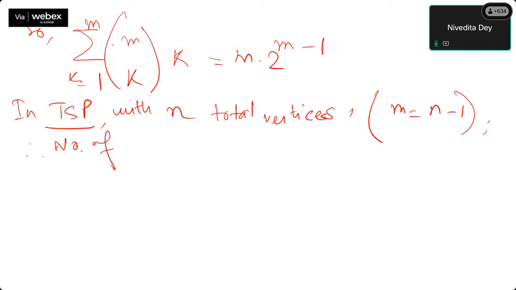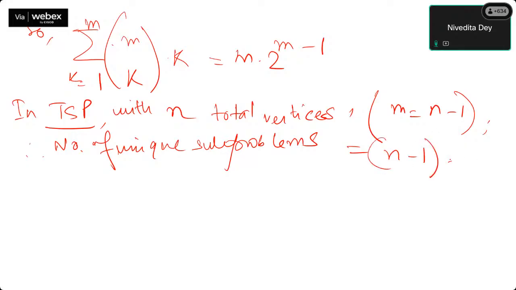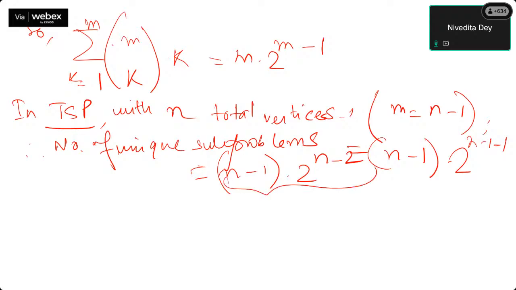The number of unique subproblems are (n minus 1) into 2 to the power (n minus 1) minus 1. So this is the number of unique subproblems that you have in TSP.